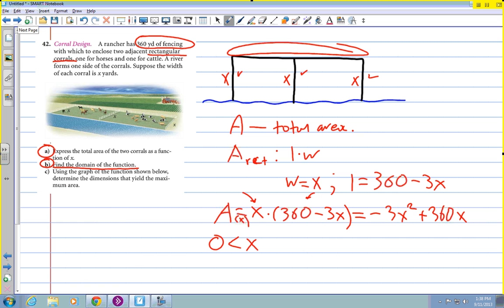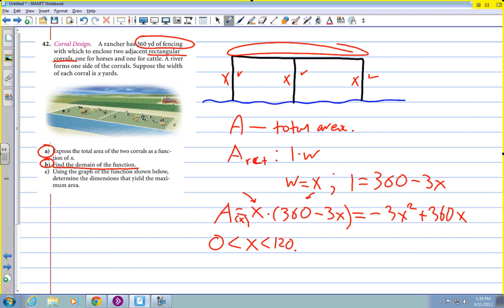Well, what value of x gives you 0 in that parenthesis? 120, right? So x should be strictly less than 120. How did we figure out 120? Well, if I let my x be bigger than 120, then I'll get a negative value in this parenthesis, and I'll end up with a negative area.